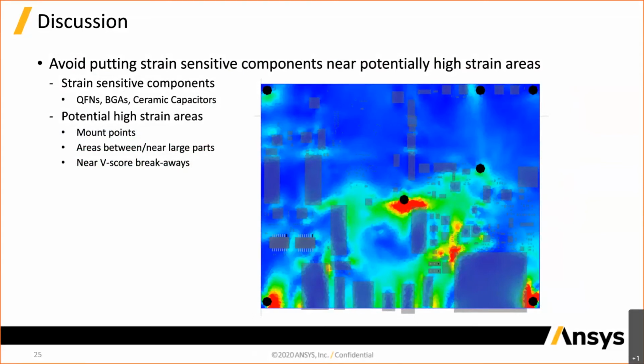So you just got to be mindful of how you lay out your big parts, because it's like a hinge effect where you get the localized stiffening, and then as the board bows down, it bows into the seam in between, and you get a really high strain. So if you put a QFN in that area, or a BGA, or a ceramic cap, you could see issues.